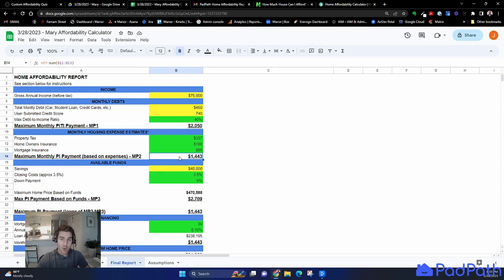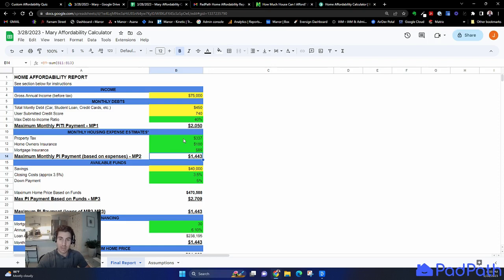But what if we wanted to solve for the actual maximum value of home that Mary can afford, right? Mary's telling us that she makes this much money. She knows that she has $450 in debt, but what she really wants to know is how much home can she afford? So this is where the calculator is working behind the scenes.